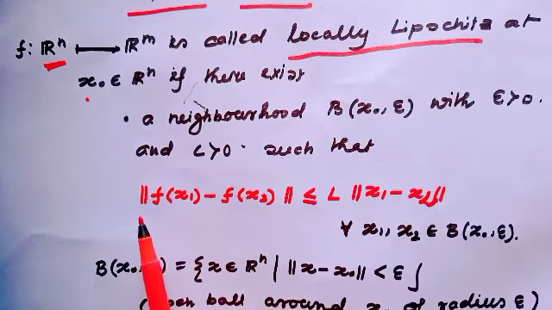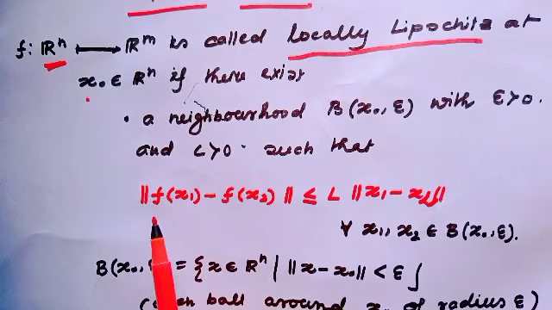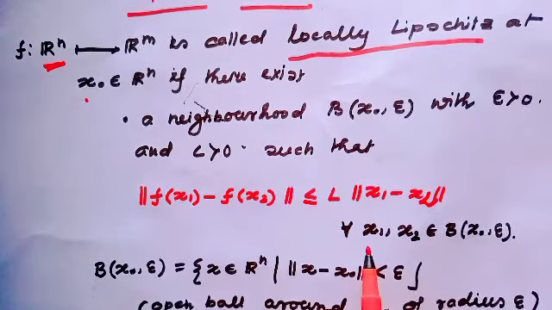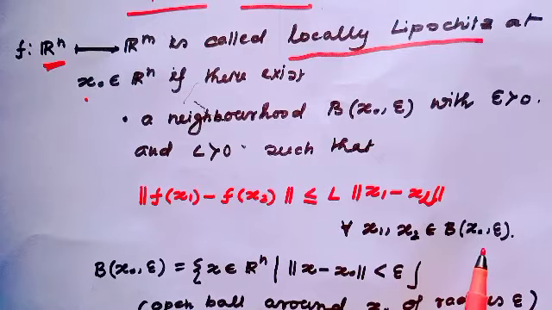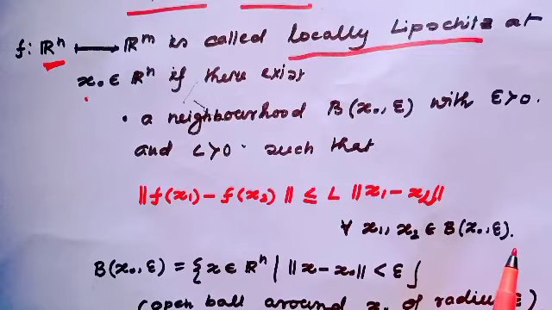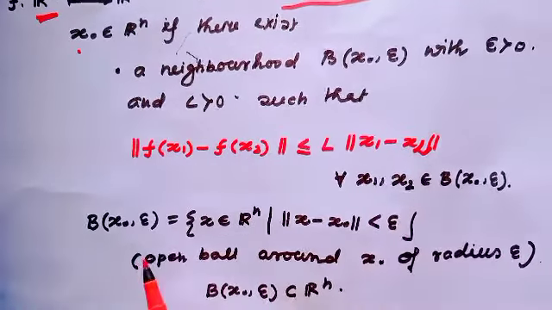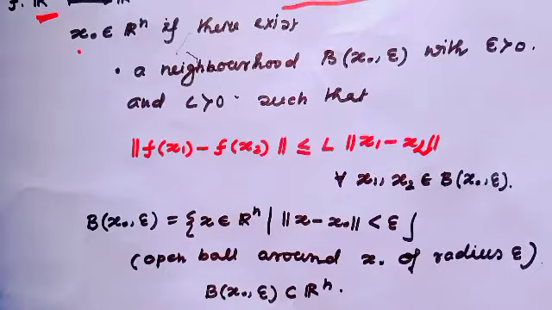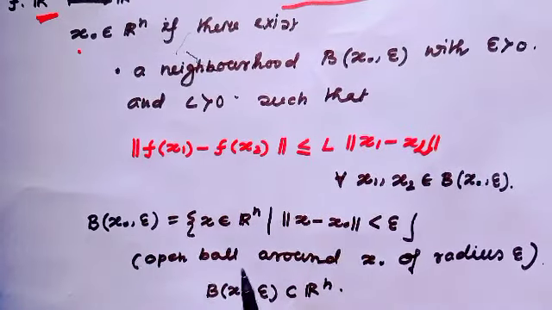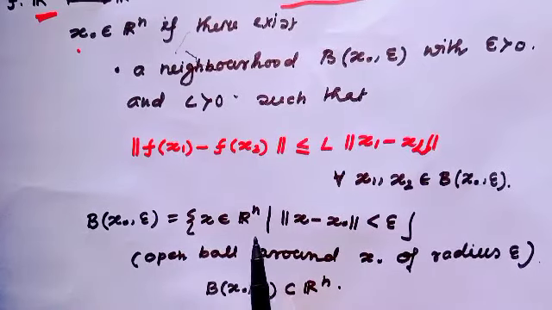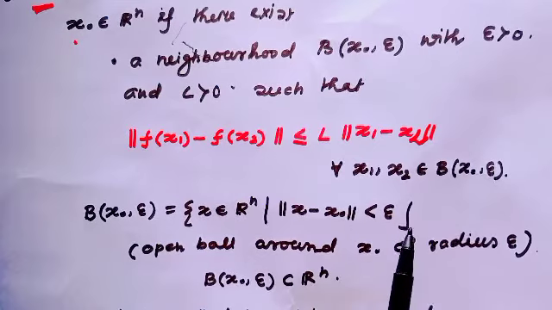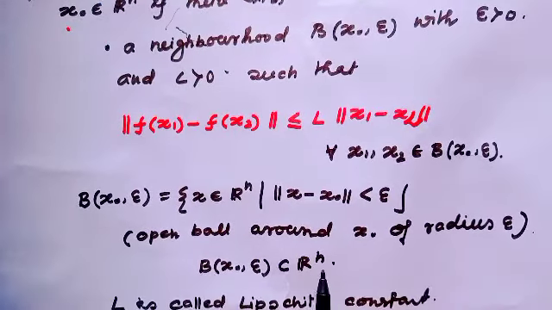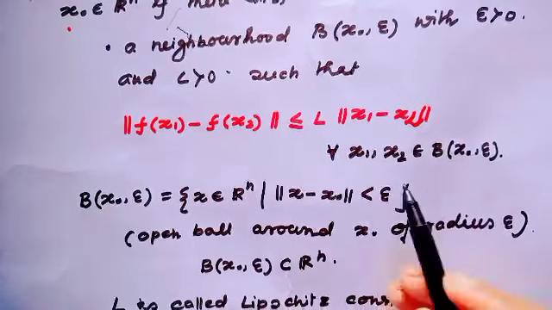Here the distance is defined as the norm, for all x1, x2 belonging to B(x0, epsilon). We all know B(x0, epsilon) in multivariate calculus is the set of all points x in Rn such that the norm of x minus x0 is less than epsilon. That means this is the open ball around x0 of radius epsilon.